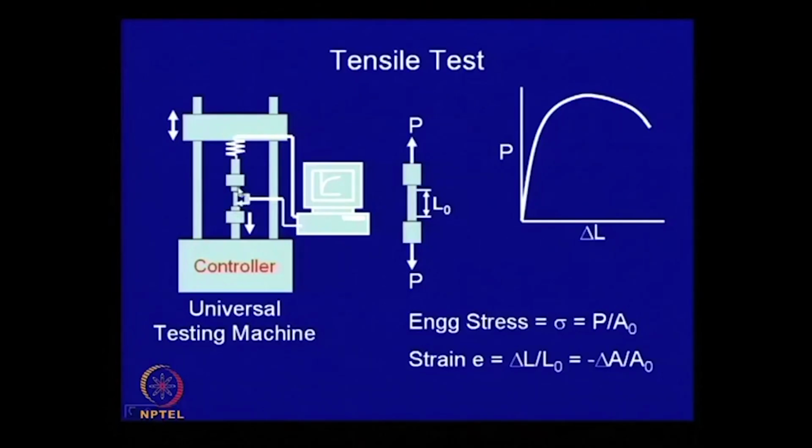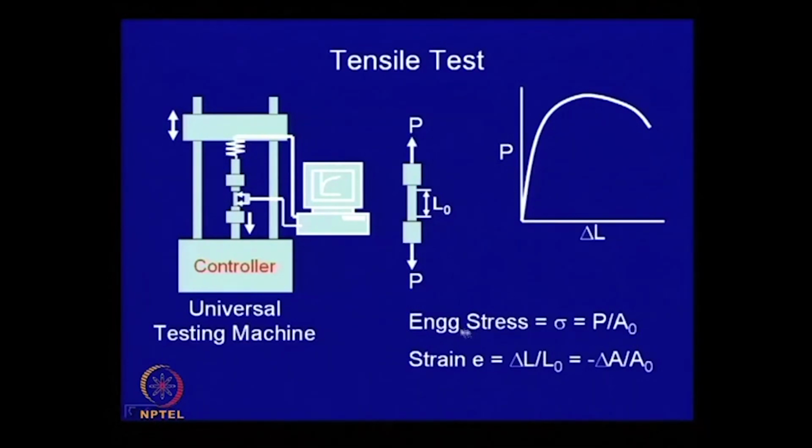So, once this sample is fixed into the grips, we start the machine, and this force increases with time, and we record this force against displacement. So, this plot we call load displacement plot, and this can be converted into stress strain plot. Stress is defined as force over original area. Cross sectional area is measured before you start the test. A0 is the initial cross sectional area.